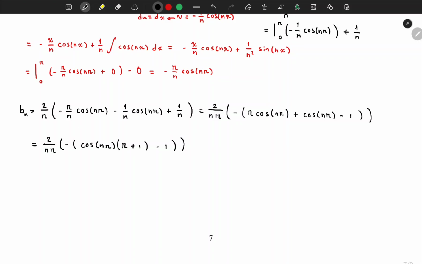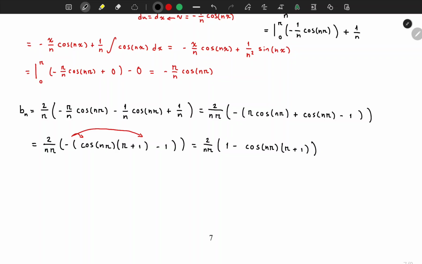Let's distribute this negative back. So we'll essentially have 1 minus cos n pi plus 1.